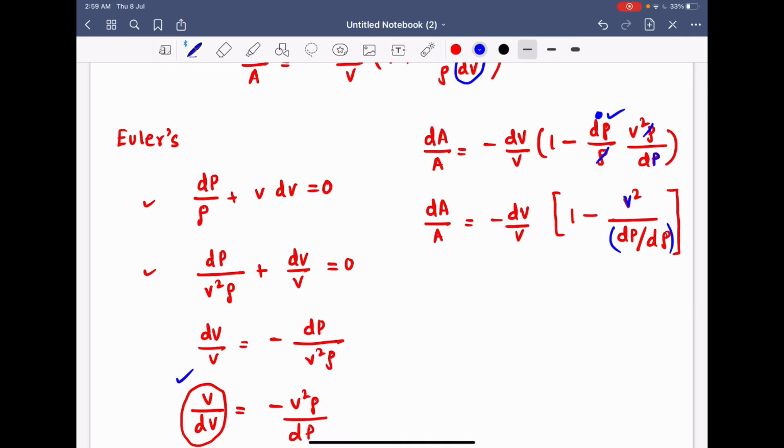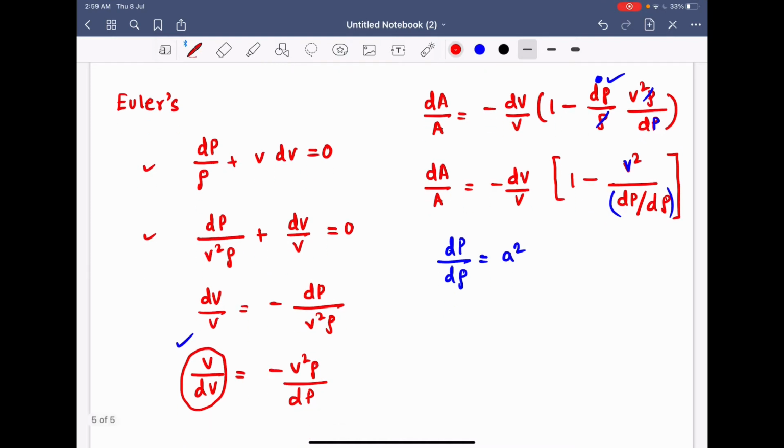And now what is dp by d rho? You all know dp by d rho is a square, which is the speed of sound at a particular temperature, right? So over here I can write that dA by A is equal to minus of dV by V, 1 minus V square by a square.